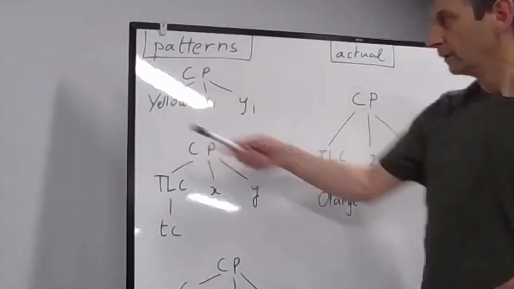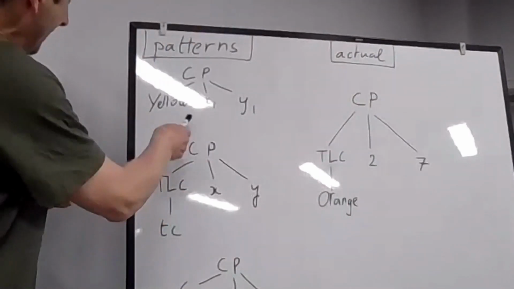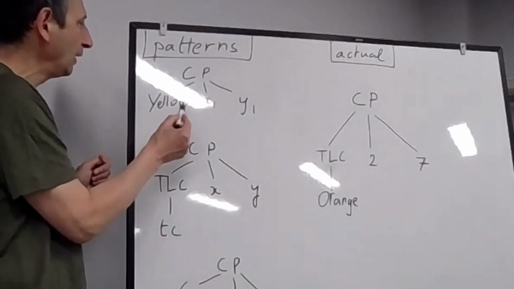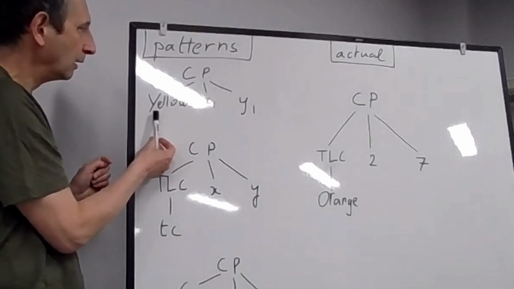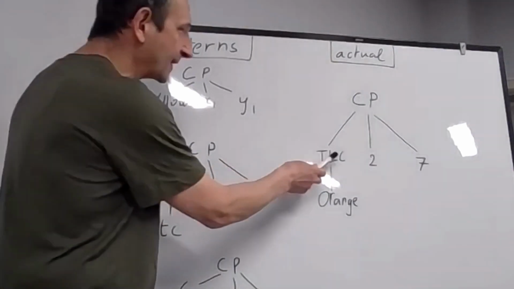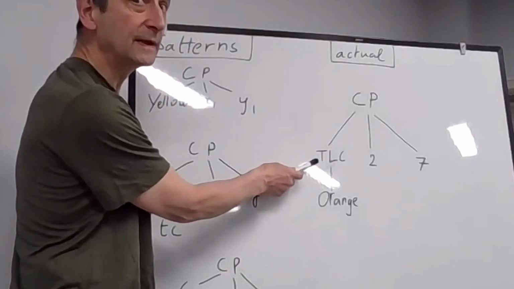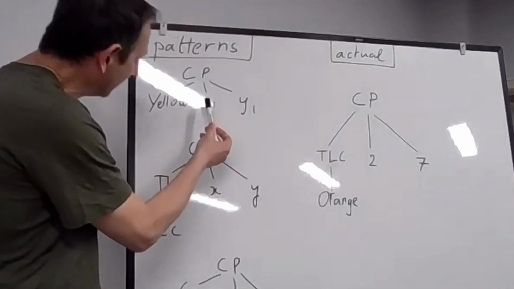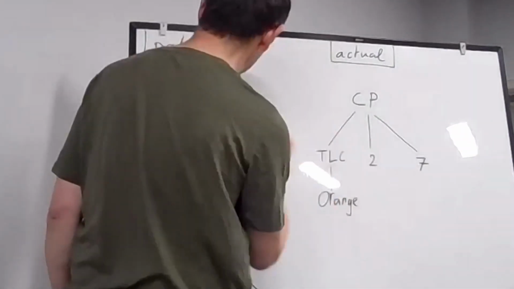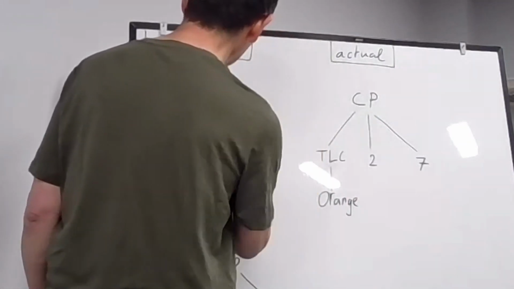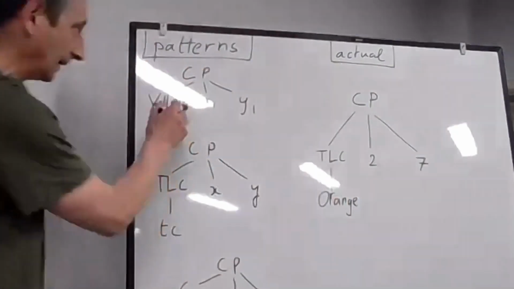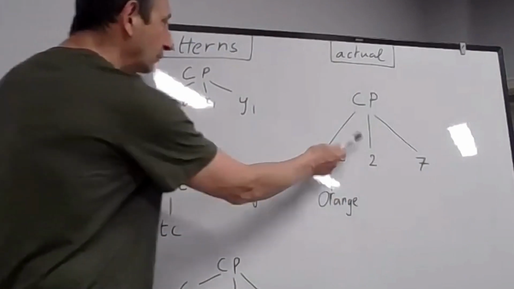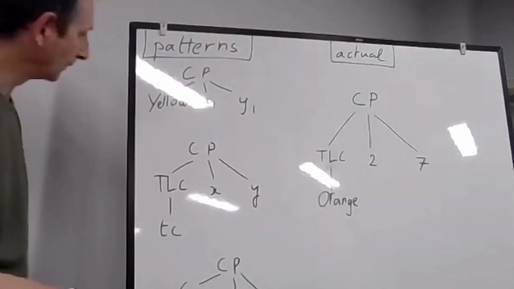Now I look lower and I see that here I should have the constructor yellow. Does it correspond to TLC? No, it is another one. These ones could correspond. Here I could agree. I could take this one is this one, but anyway, this pattern does not correspond to this value.